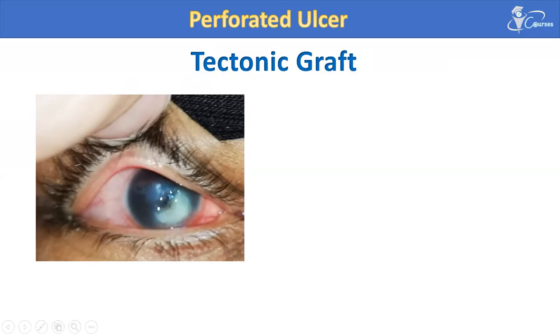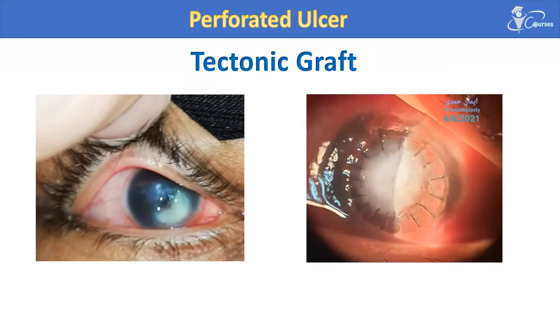There is a central perforation and also stromal infiltration. So we do a graft, not for vision. It is not for vision. It is just to restore the ocular integrity. I did a tectonic graft here. I took a graft from a patient who had a trachomatous corneal scar and put it here, because this was an emergency to seal this large perforation.